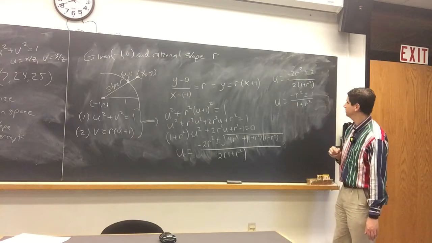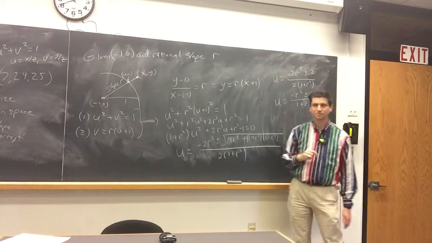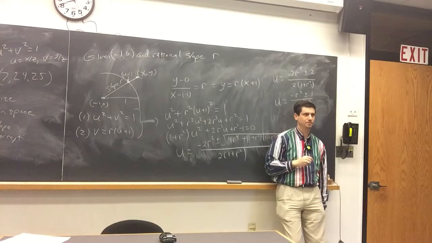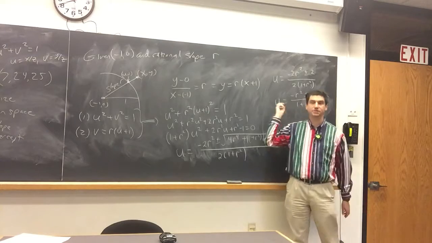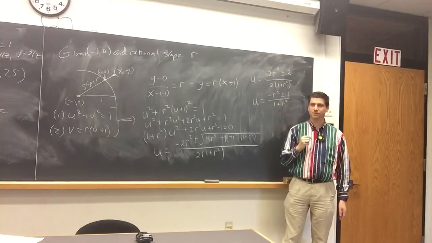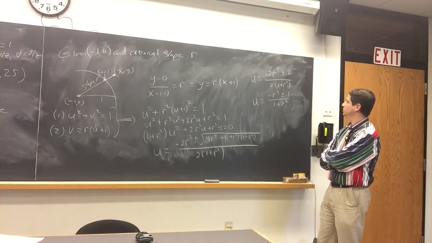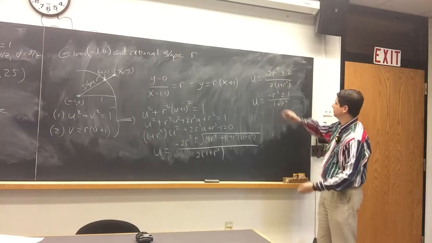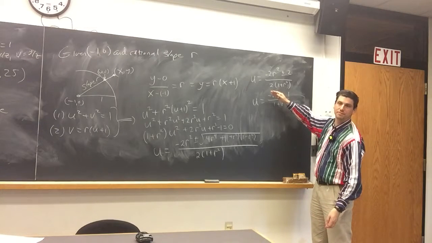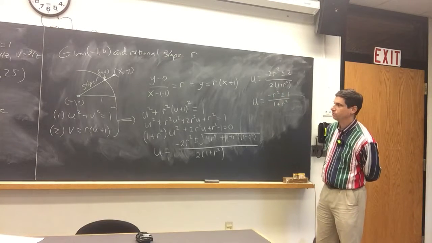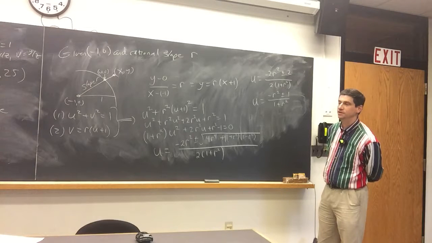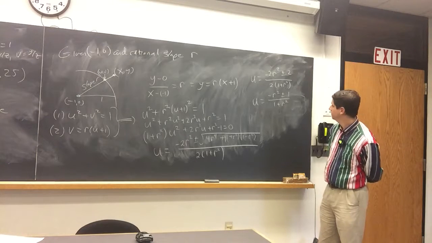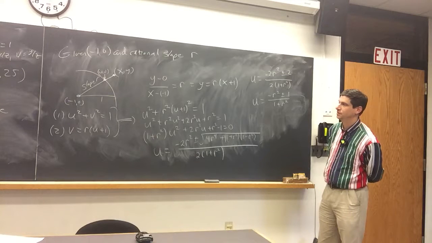Does that answer look reasonable? What check can you do to see if this is reasonable? Is negative 1 a solution? If I take r to be 0, I will get negative 1. Also, because we're trying to solve for solutions where it intersects the circle, negative 1 should always be a solution no matter what the value of r is.